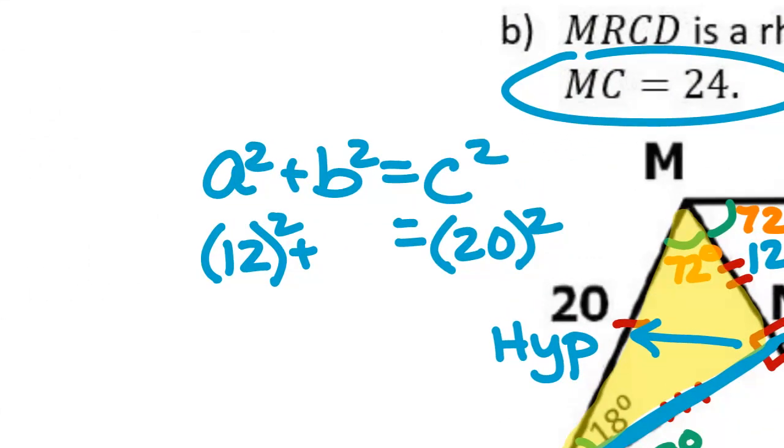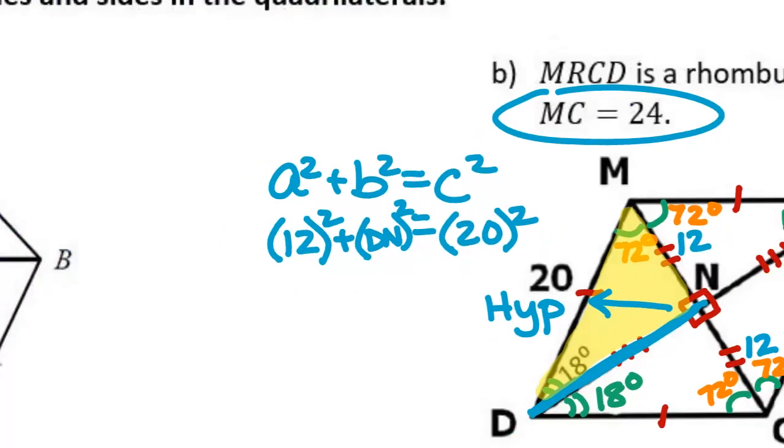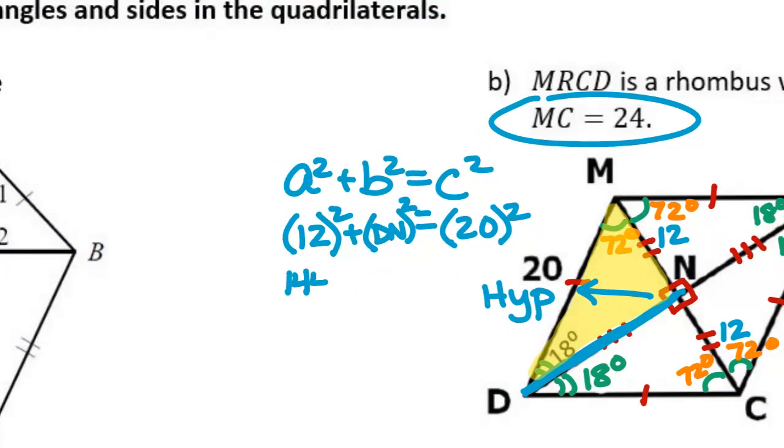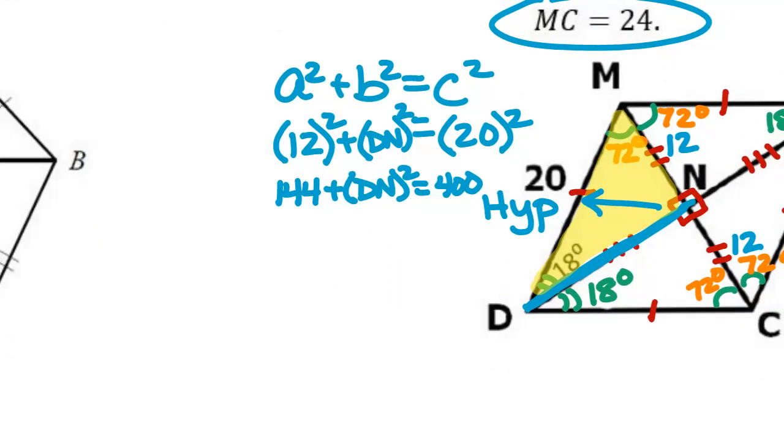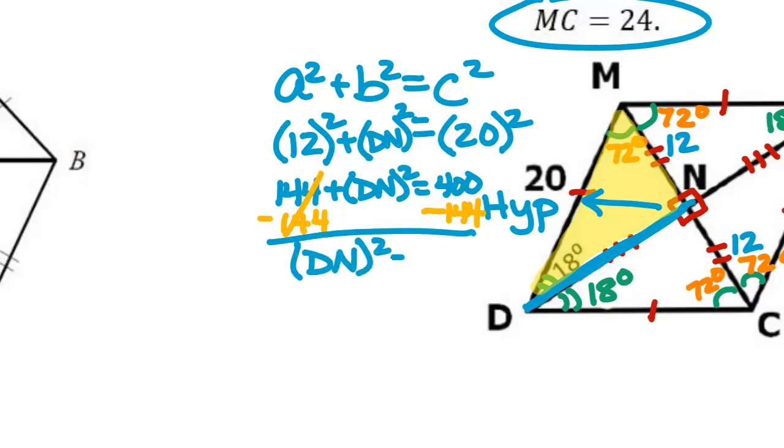And then the segment that I'm looking for, DN. So DN squared. 12 squared is 144, plus DN squared is equal to 20 squared is 400. So then I subtract 144 from both sides. That means that DN squared is equal to 256.